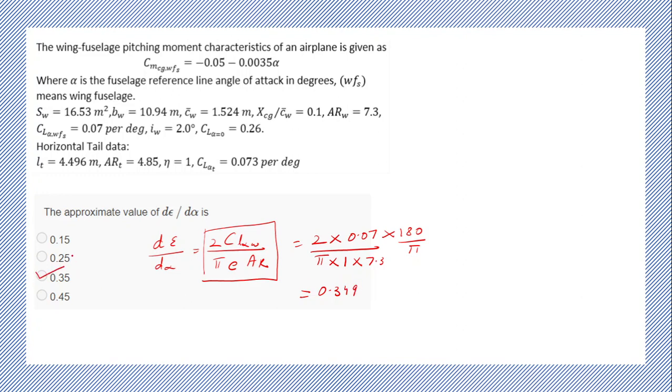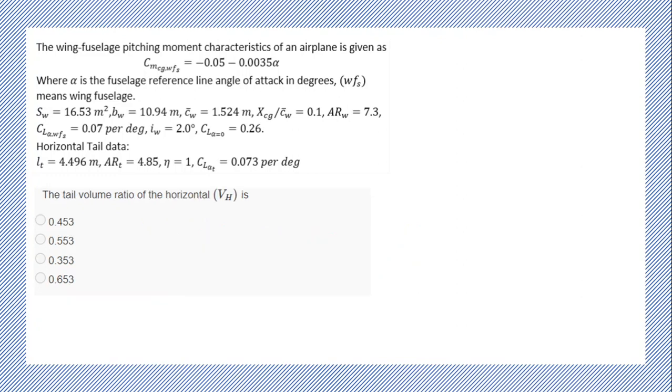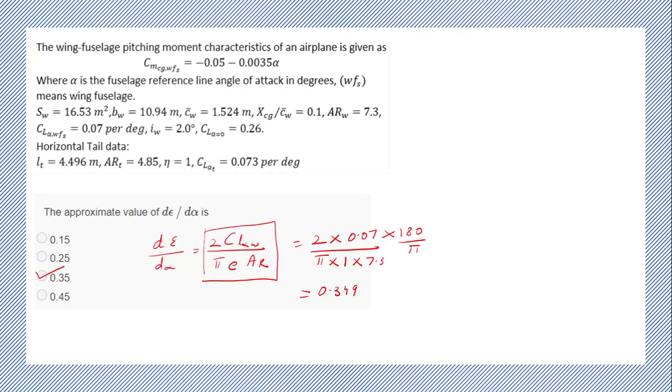Okay. Next question is, what is the tail volume ratio? VH. What was the formula for tail volume ratio? Yes. ST. S. Yes. You're converting per degree into per radians.